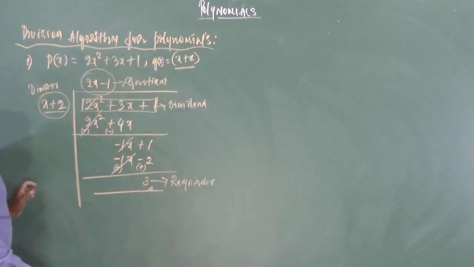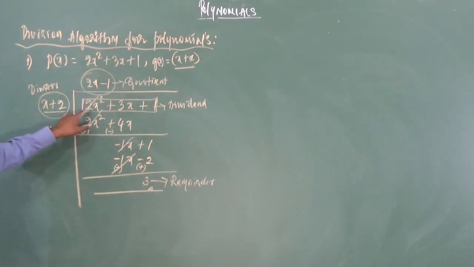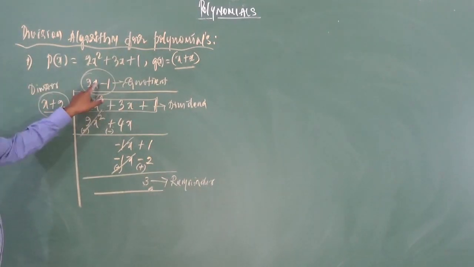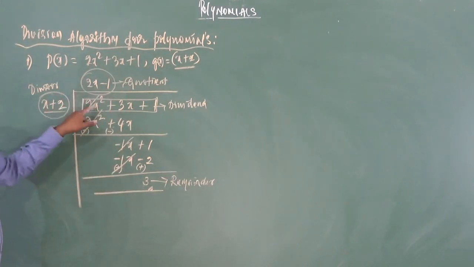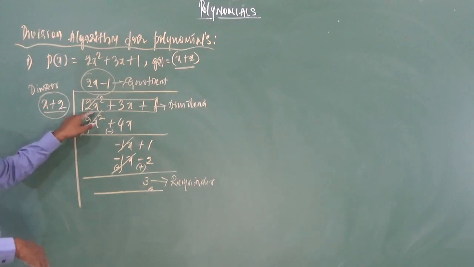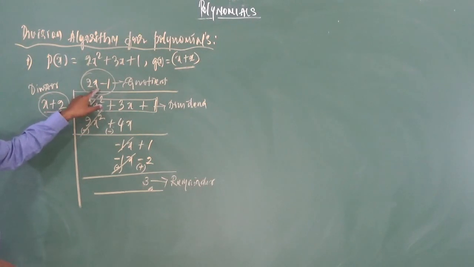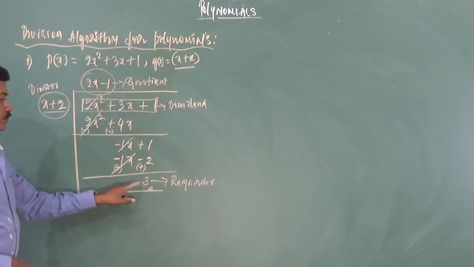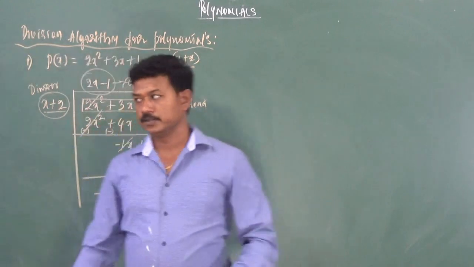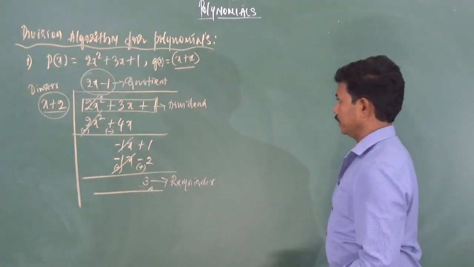So there is a relationship between the divisor, dividend, quotient, and remainder. When you divide a polynomial by another polynomial, the polynomial which is going to get divided is called the dividend, which divides is called the divisor. How many times it divides is called the quotient, and during the division process, the leftover thing is the remainder. So let us write the relationship.